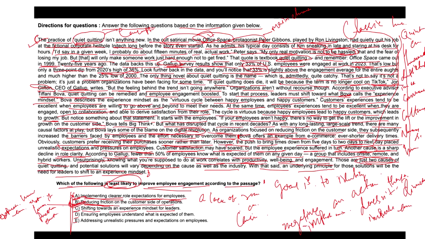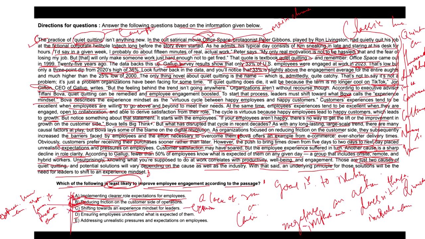Positive employee experience is linked to increased engagement, right? So this approach is explicitly recommended as a way to improve employee engagement, isn't it? So the author doesn't disagree with it. Option A and option C are eliminated.